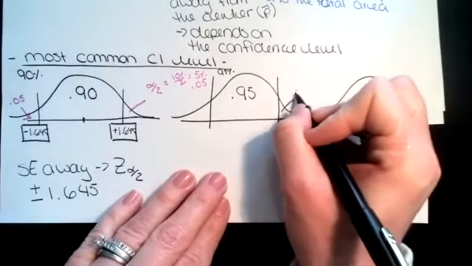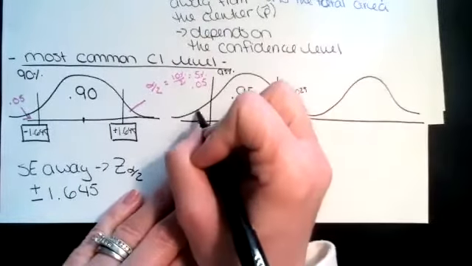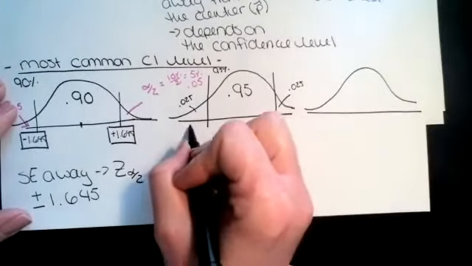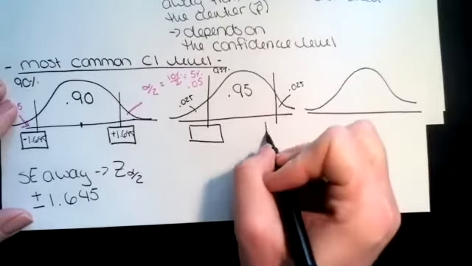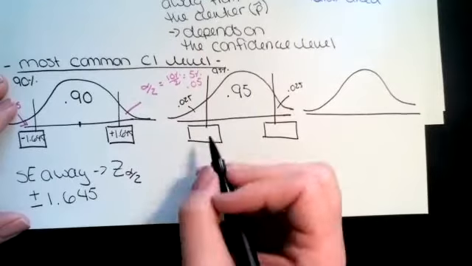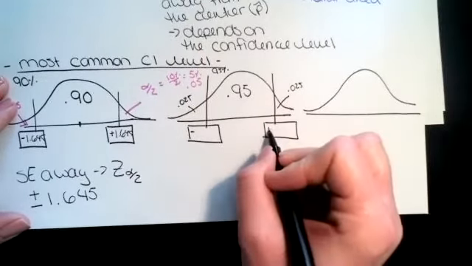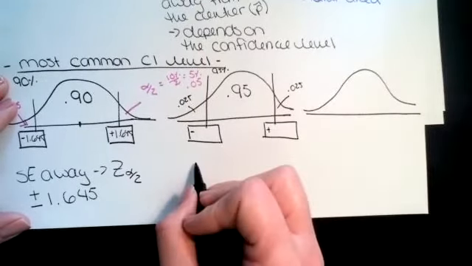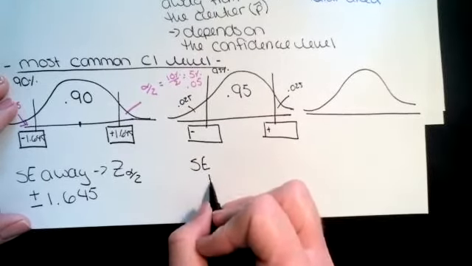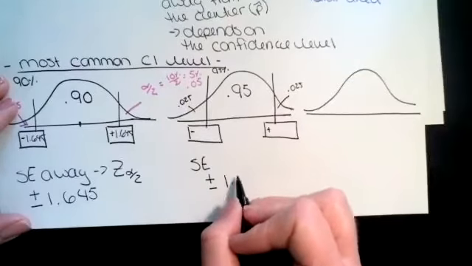So the area here is 0.025 and the area over here is 0.025. But what I'm really interested in is this value here or this value here, and it doesn't matter which one. I'm going to show you why in a minute. This one's the negative and this is the positive. So my standard error here is going to be plus or minus 1.96.